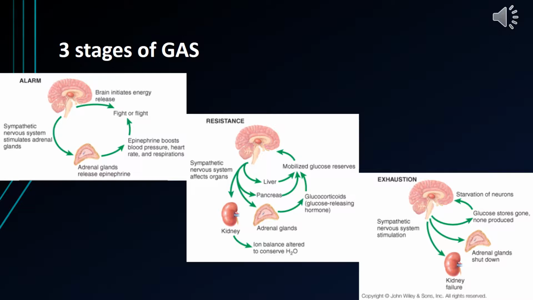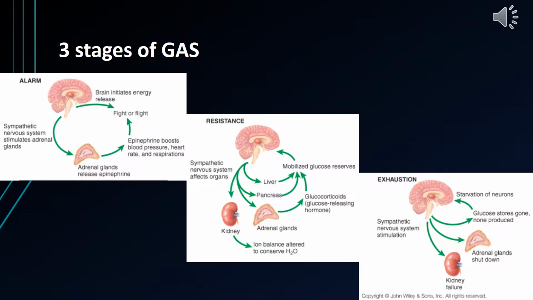And then in this phase, the adrenal glands actually release glucocorticoids, which are hormones that stimulate the release of glucose, which you're going to need for energy. And anyway, the adrenal gland and the liver and pancreas are going to cause a mobilization of the glucose reserves into the blood so that we can use them for energy. And also the brain's going to need this energy source.